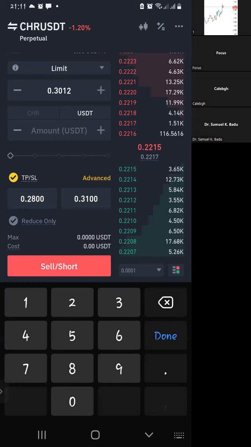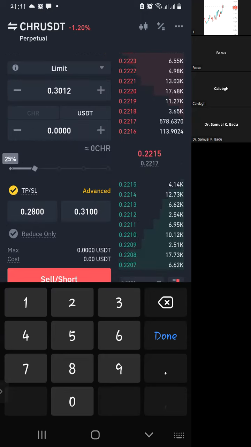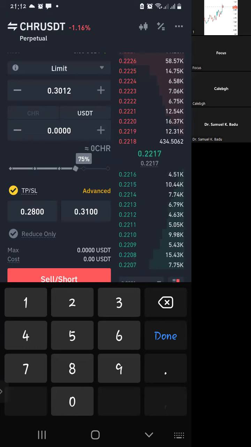But assuming I want to use just $5 out of my $10 as collateral, even though I've chosen 5x, I can use this sliding bar here. You can see this sliding bar. I can use that sliding bar to determine how much of my available leverage I want to use. So whenever you move, they tell you, you come down here.